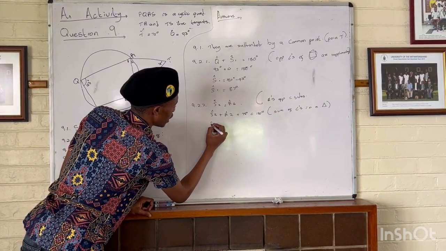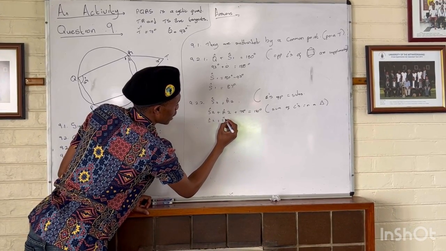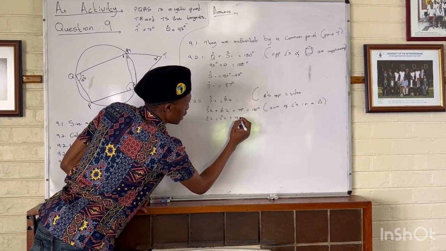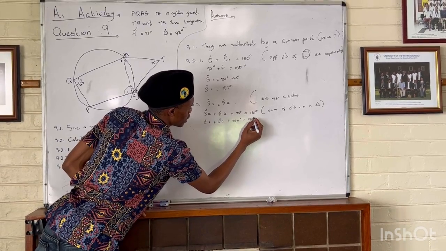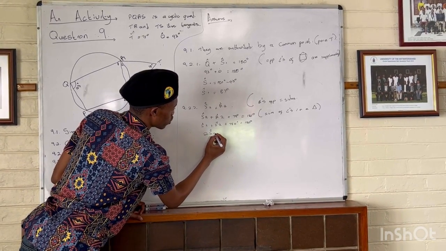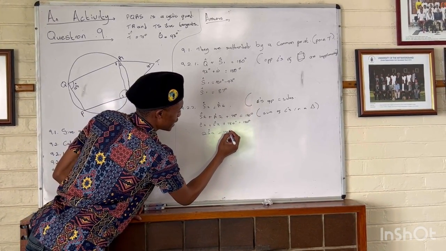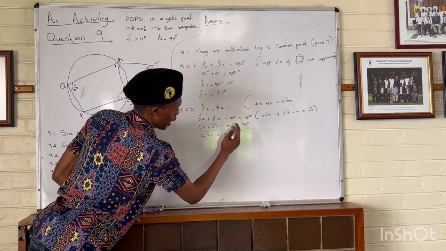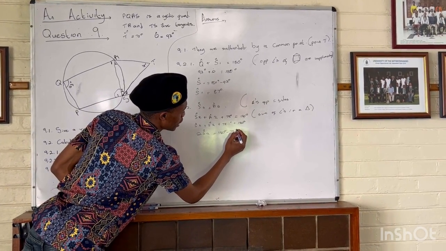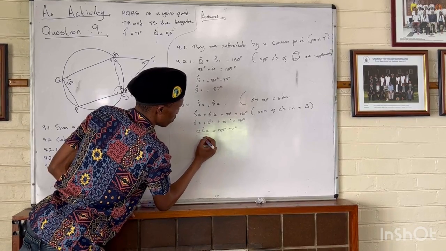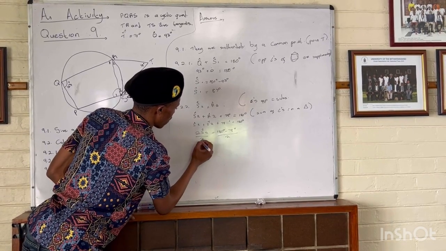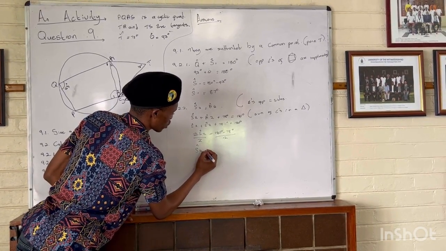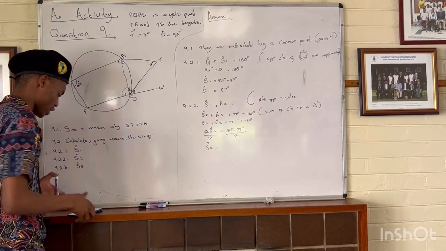So angle S2 plus angle S2 plus 78 degrees is equal to 180 degrees. Then twice S2 is equal to 180 degrees. We take this to the other side, it will be minus 78 degrees. Then we divide both sides by 2. Then our S2 is equal to, let's take it together on our calculator.